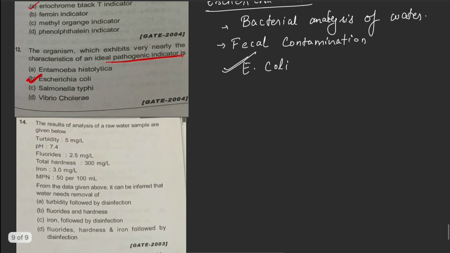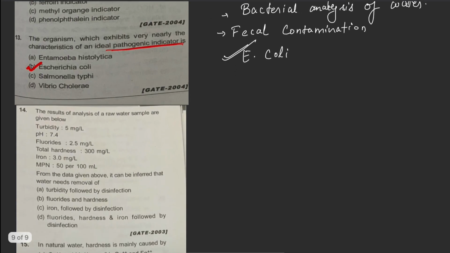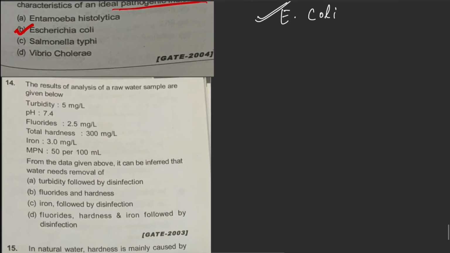Now let's move to question number 14, which is: the results of analysis of a raw water sample are given below. Turbidity 5 mg per liter, pH 7.4, fluoride 2.5 mg per liter, total hardness 300, iron 3 mg per liter, MPN 50 per 100 ml.